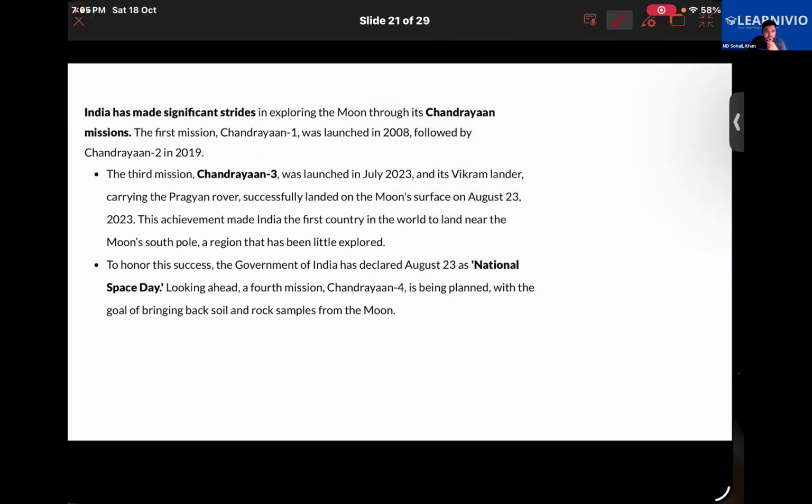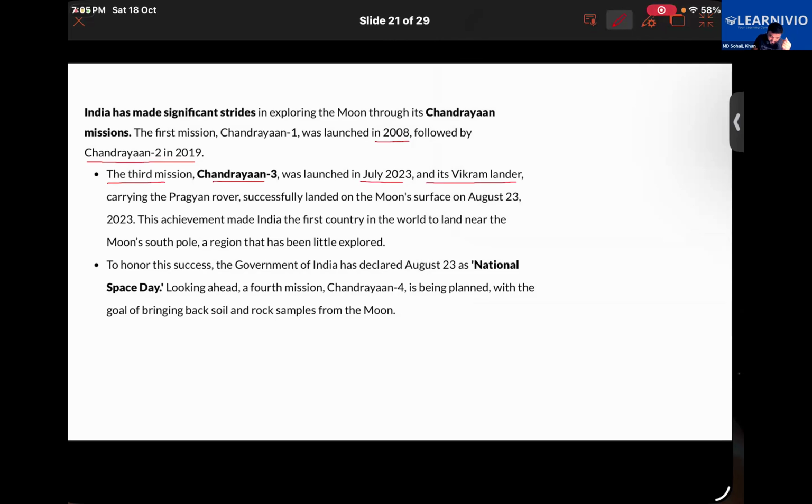Talking about the contribution of India, India has made significant contributions in exploring the moon through its Chandrayaan mission. The first Chandrayaan mission was launched in 2008, and later the second Chandrayaan mission was launched in 2019. After that, the third mission, Chandrayaan 3, was launched in July 2023.